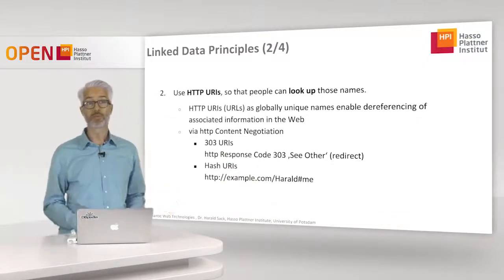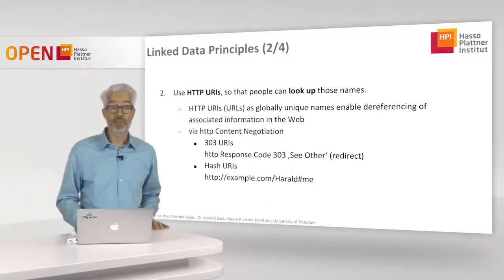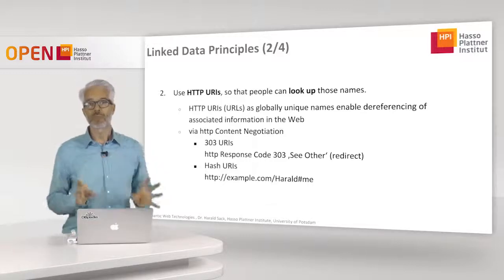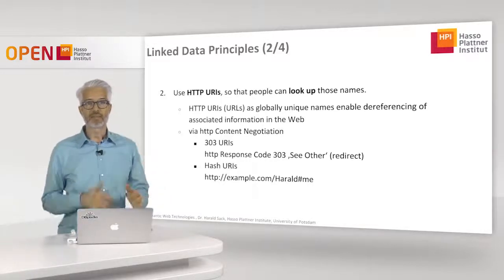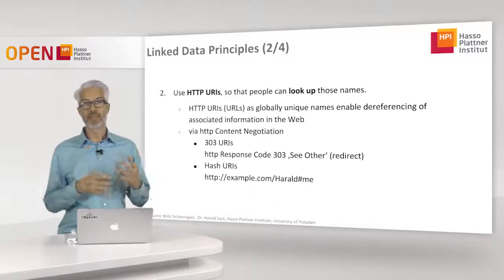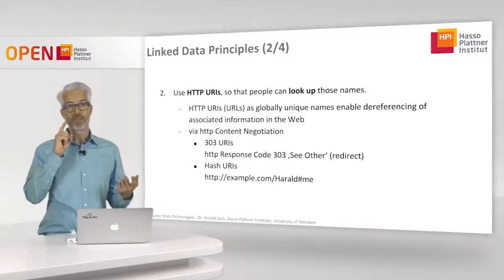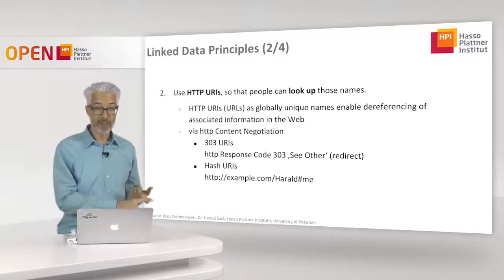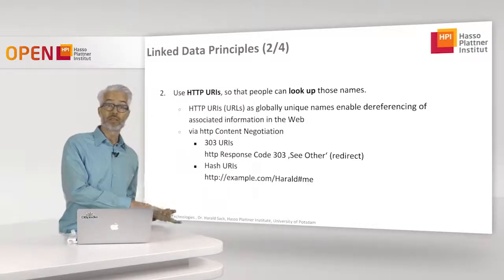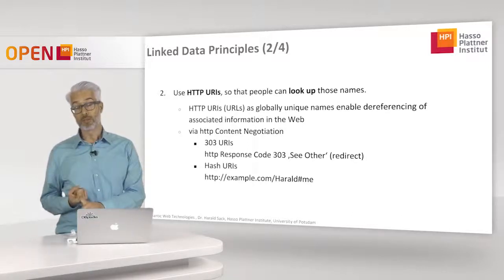Second point, for the access, we use simple HTTP protocols. So we use HTTP URIs so that people can look up those names. And for lookup, you should consider dereferenceability, which means the URIs can be looked up by machines, and you get the machine-interpretable representation, whereas when the content is looked up by humans, human-readable content should be displayed.